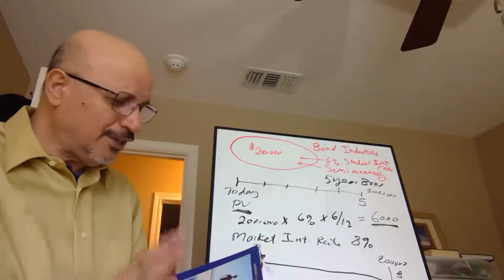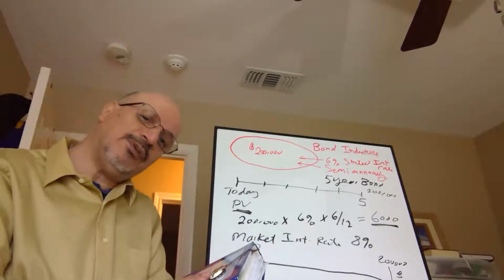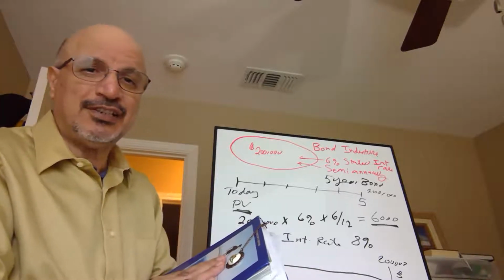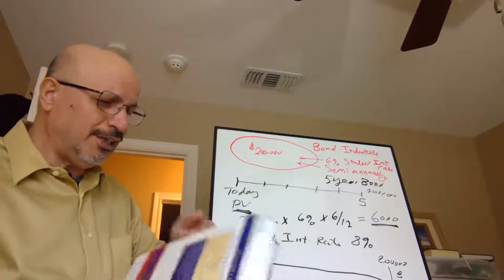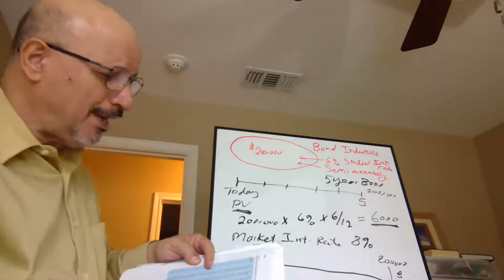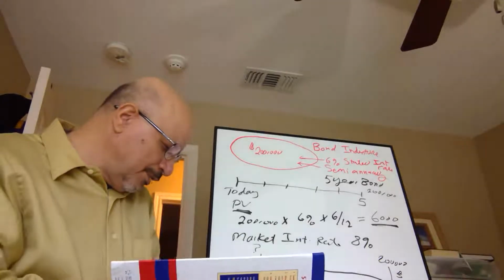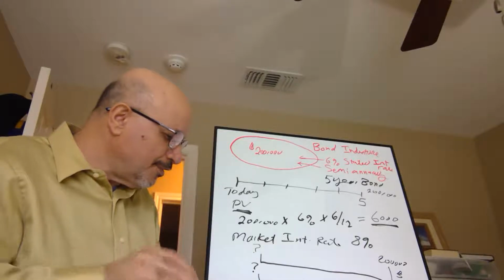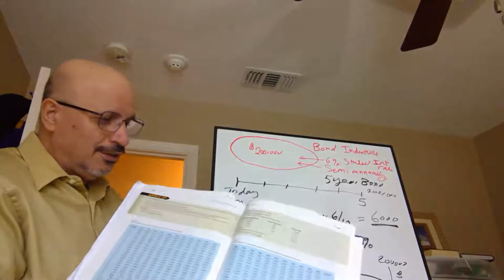This time I'd rather we use the tables in the back of the book, and hopefully when we get to the finance class, we will use the formulas. So in the textbook, page 1150, take a look here for the present value.